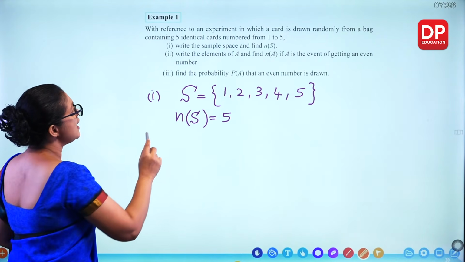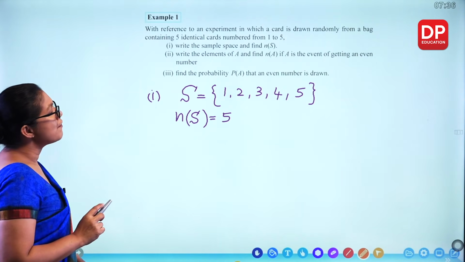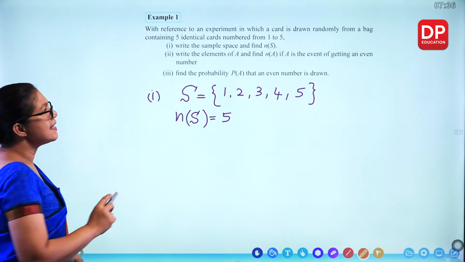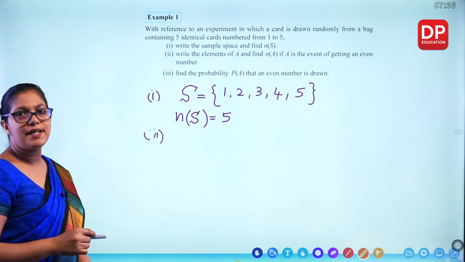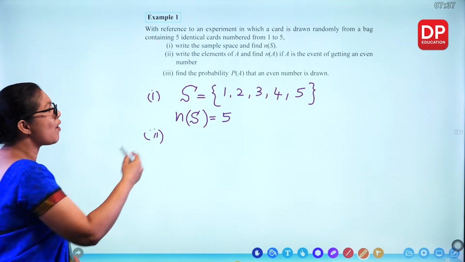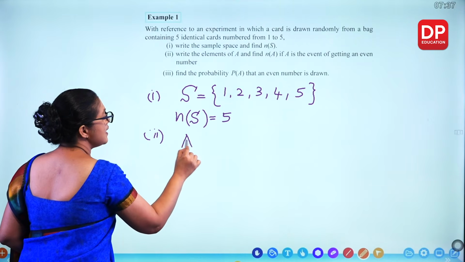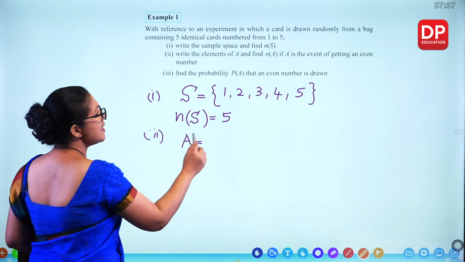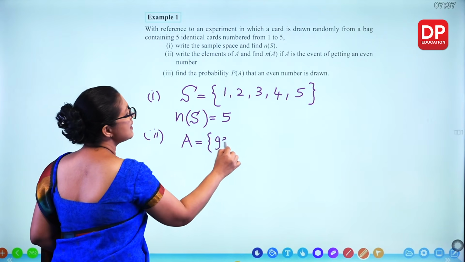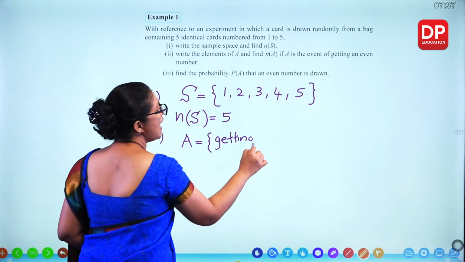Then write down the elements of A and find N(A) if A is the event of getting an even number. It's a subset of the sample space, given as getting an even number.